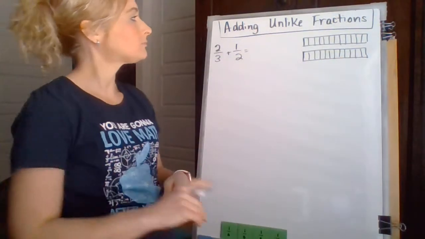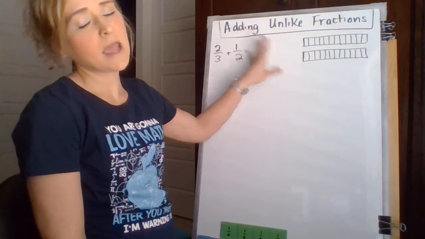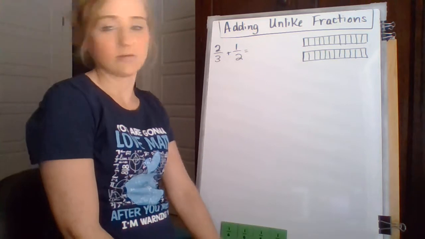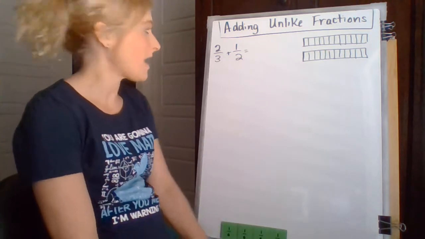But I wanted to go over with you this way and some other ways so that you can get through that page and hopefully remember, hey, yeah, I do know how to add unlike fractions.